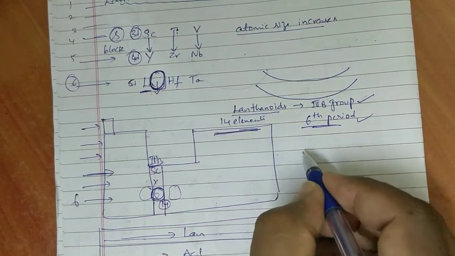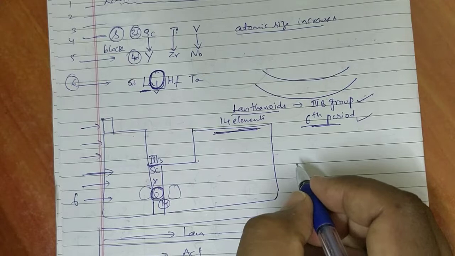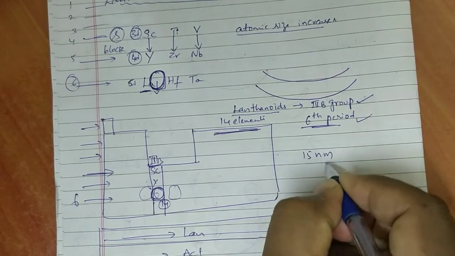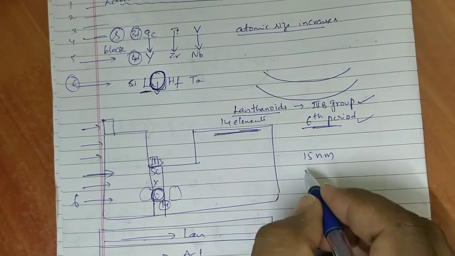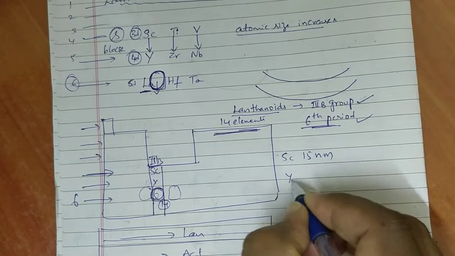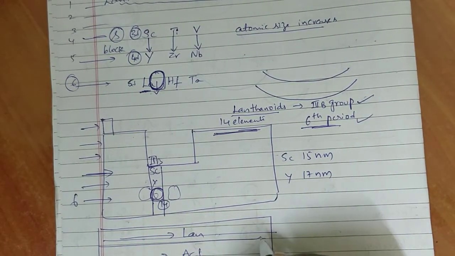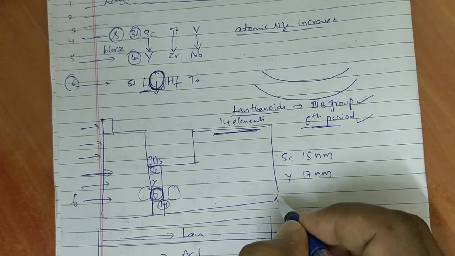If you think scandium atomic size is 15 nanometers, for example, yttrium atomic size is 17 nanometers. Okay, because top to bottom atomic size increases only.